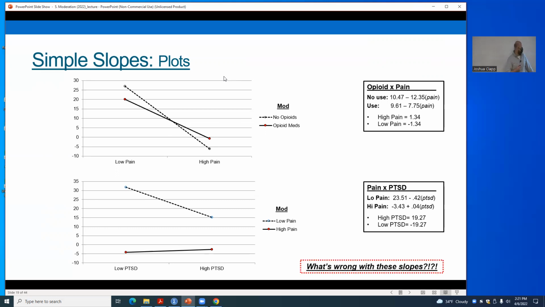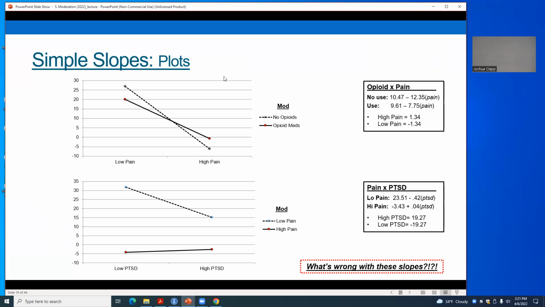All right. Quick look at these. Does anybody see anything wrong or problematic or questionable with these simple slopes plots? Okay, yeah, there's no variable labeled on the x-axis, but the x-axis is our role functioning variable. What's the range of role functioning in these data?